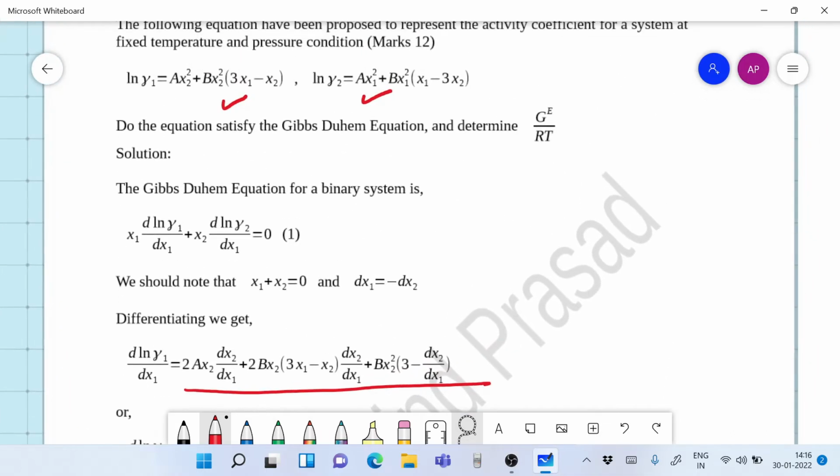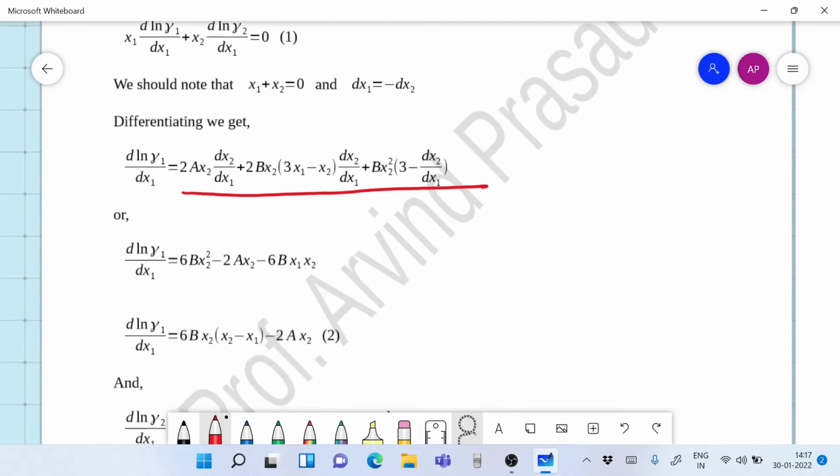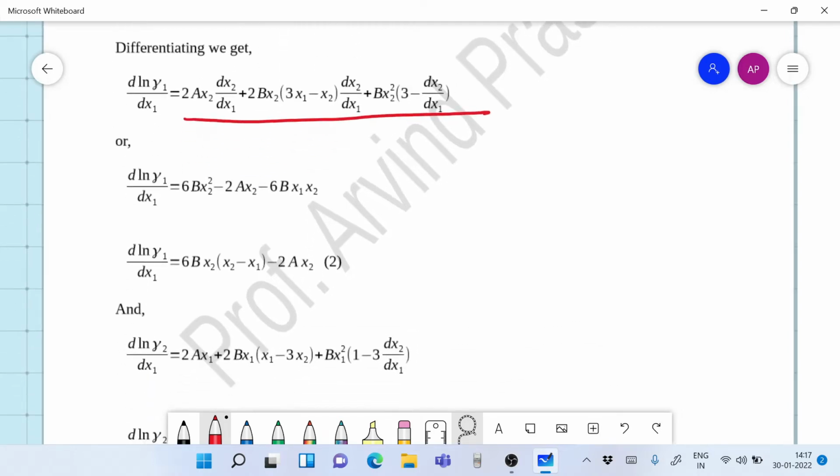And then the other part of this equation, that is b x2 the whole square times (3x1 minus x2). We use the product rule to differentiate it and we get the same results. Wherever we differentiate with x2, we write it as dx2 by dx1. Now, remembering that dx2 by dx1 is minus 1, we replace that and we simplify and get this equation. So we have got equation number 2.